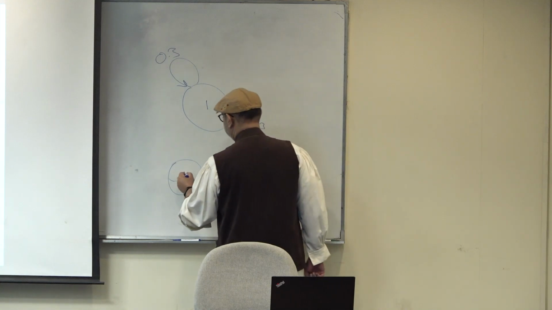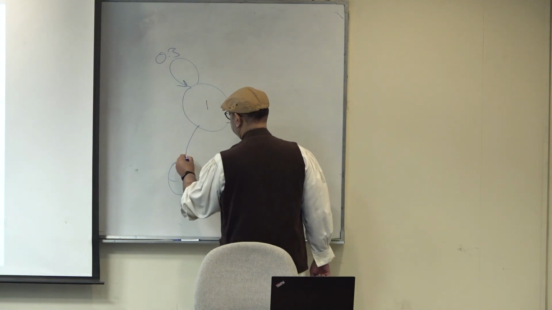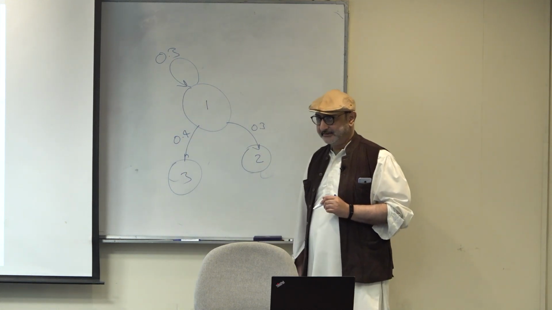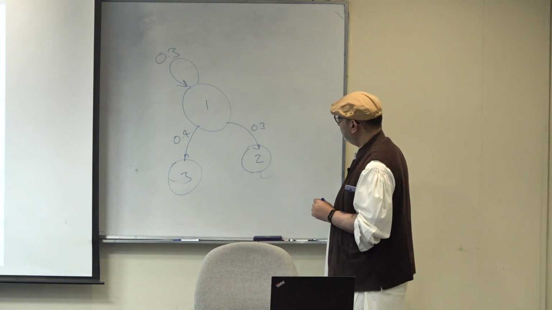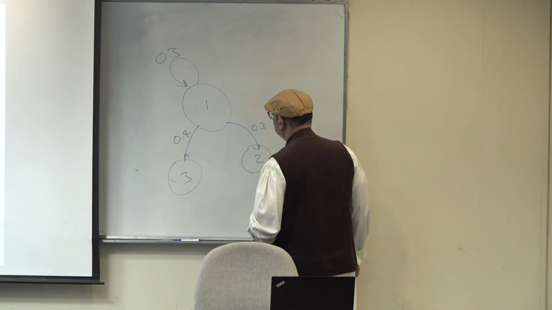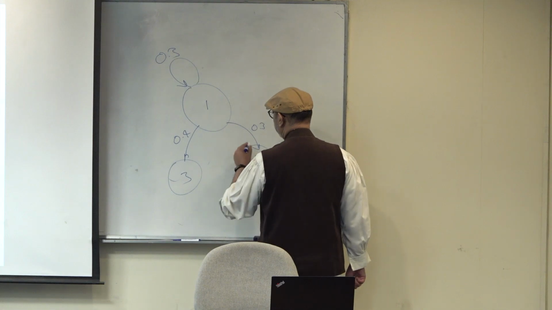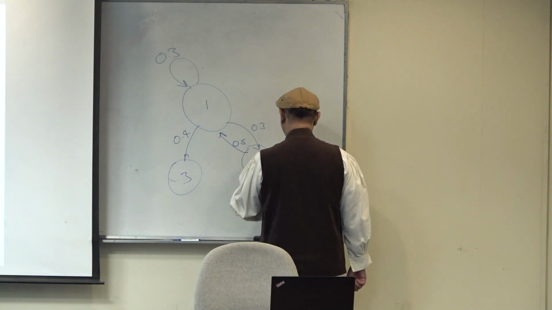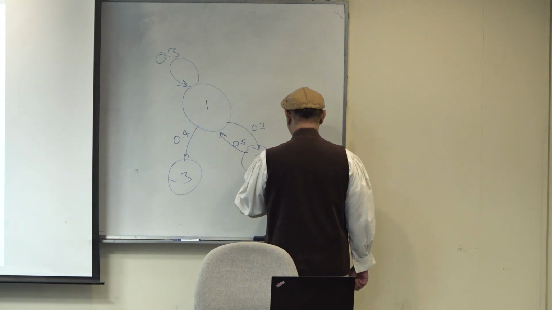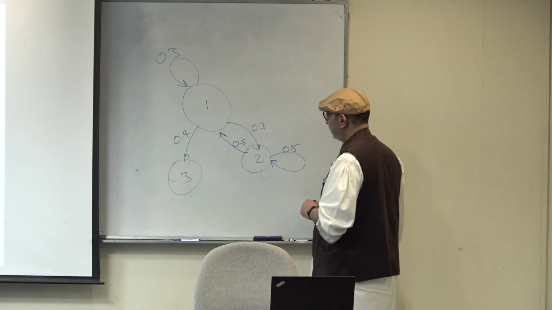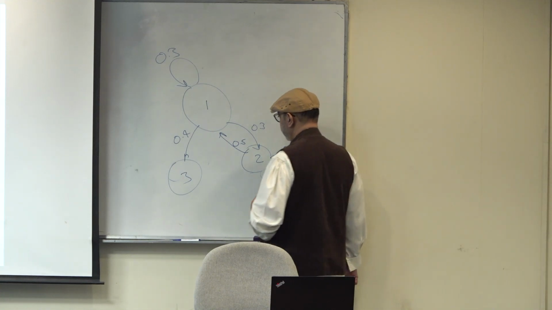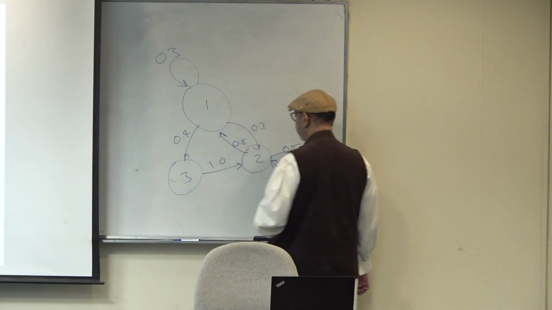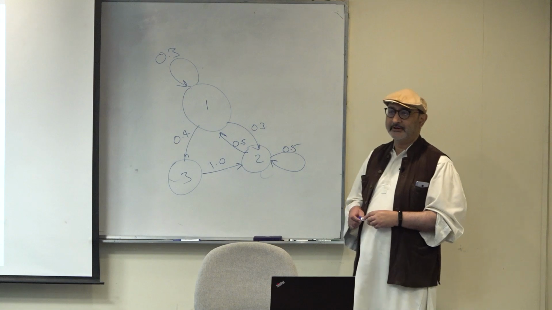And that leaves 0.4 probability that it will next be in the state 3. Let's say from 2 you can only go back to 1 with probability 0.5, and remaining in the state 2 is 0.5. And let's say that if you end up in the state 3, you can only go to the state 2 with probability 1.